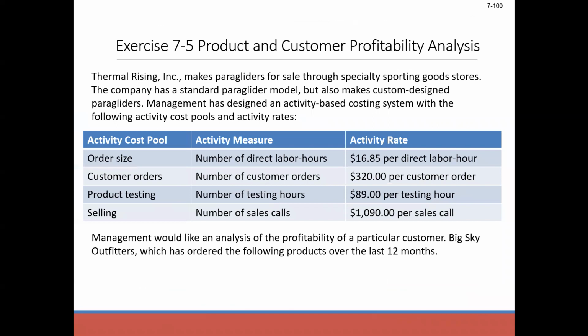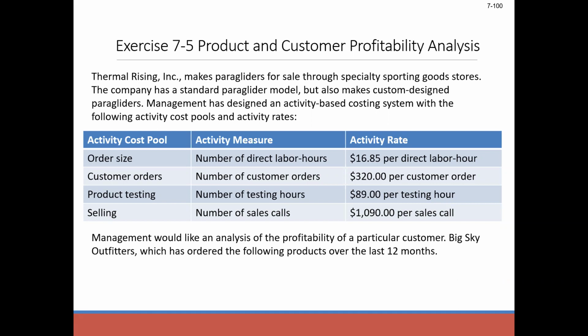Here we have Thermal Rising Inc. It makes paragliders for sale through specialty sporting goods stores. The company has a standard paraglider model, but also makes custom designed paragliders. Management has designed an activity-based costing system with the following activity cost pools.